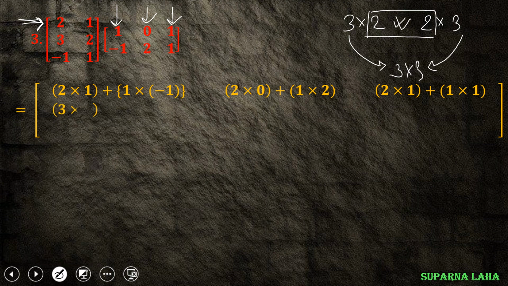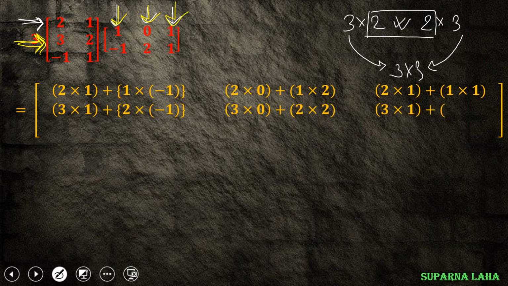So done with this one. Now moving to the second row, first column, 3 into 1 plus 2 into minus 1. Second row, second column, 3 into 0 plus 2 into 2. Second row, third column, 3 into 1 plus 2 into 1.